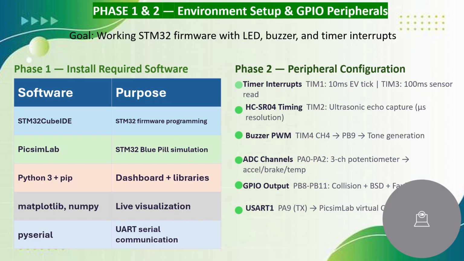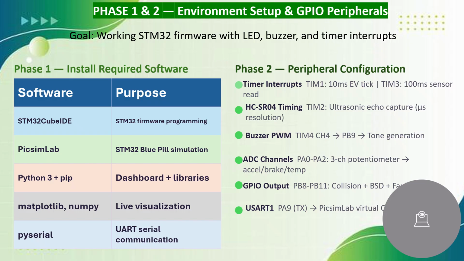HC-SR04 timing, which is used for the ultrasonic echo capture, buzzer, PWM, ADC channels that require the acceleration, brake, motor temperature, SOC from the pins PA0, PA1, PA2, and all these things, GPIO output for finding out the collision, blind spot detection, fault alarms and advisory and critical alarms and everything.